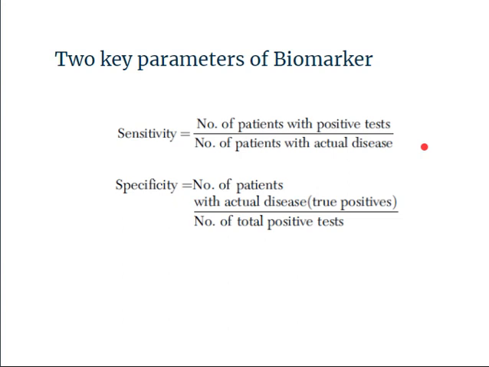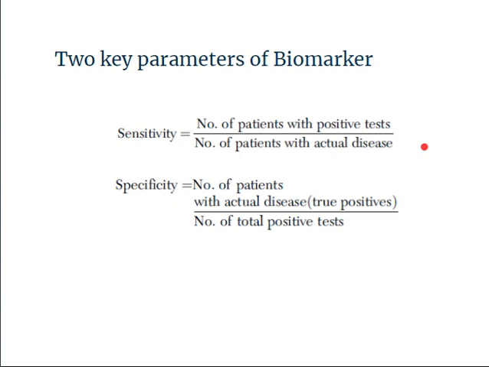On the other hand, specificity can be calculated from the number of patients with actual disease, which are the true positives, divided by the number of total positive tests. That means a marker can be found in patients with and without the disease as well.